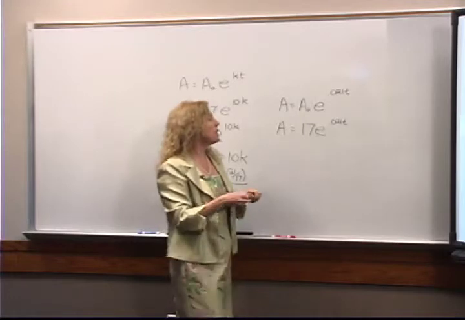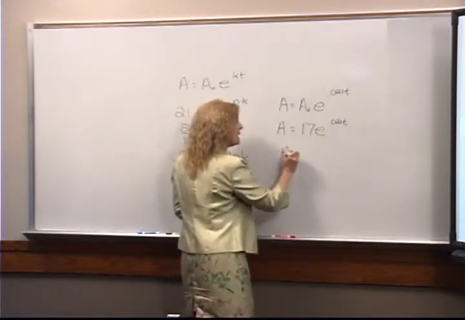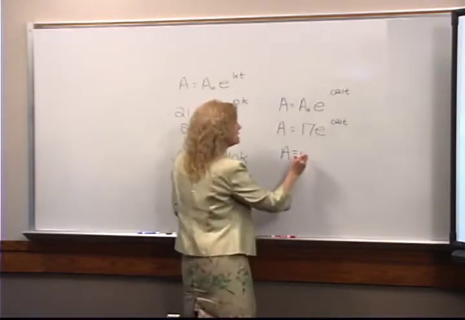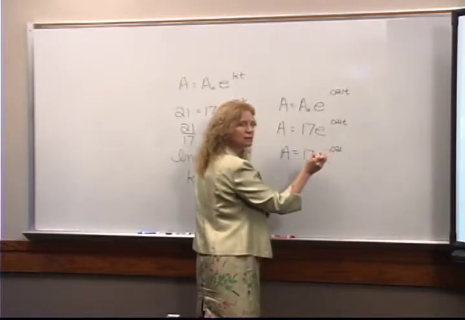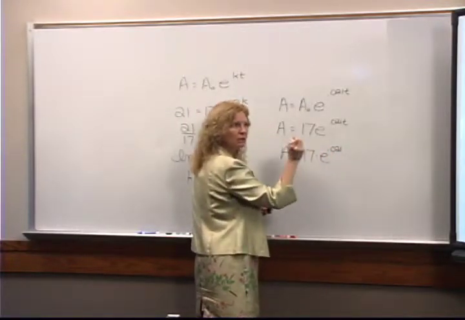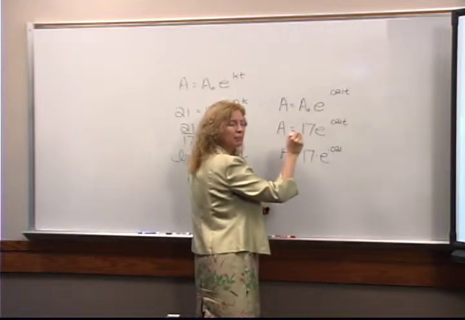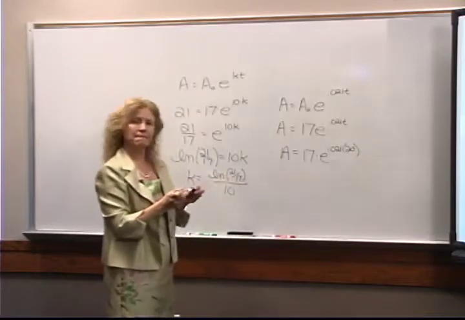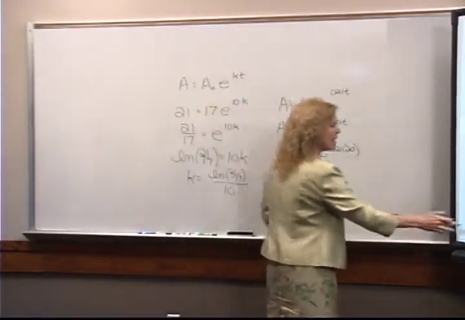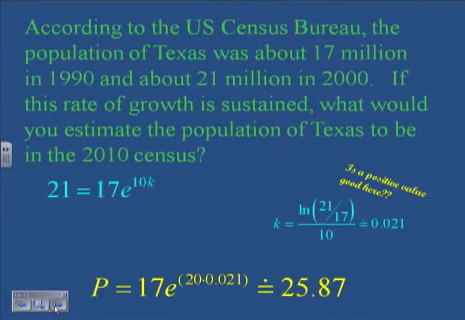Okay. So that means that to find the population in 2010, well, then my t value is what? 1990 up to 2010. Oh, it's 20 years, right? And again, I'm not going to run those calculations.